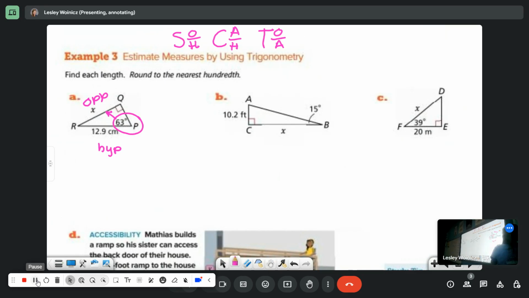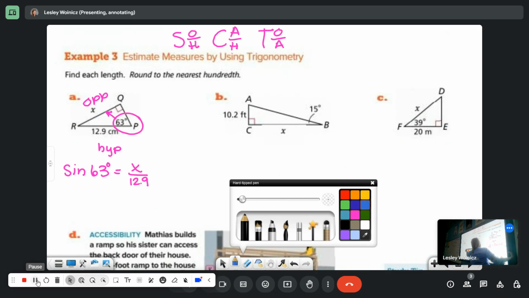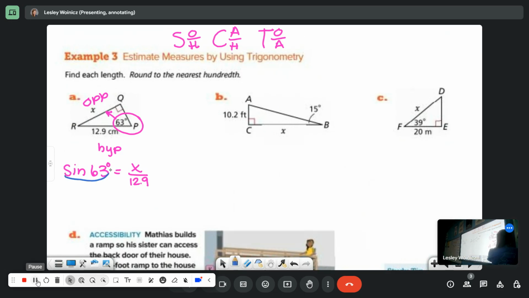So I say this: the sine of 63 degrees equals the opposite over the hypotenuse. So that's x over the 12.9. Now, in your calculator, this is a number. It's a number like a dozen or a league.